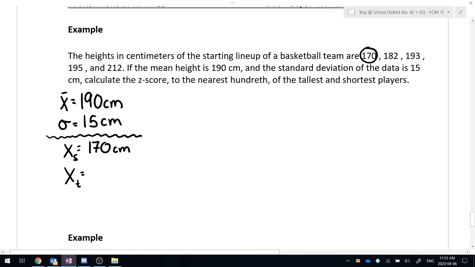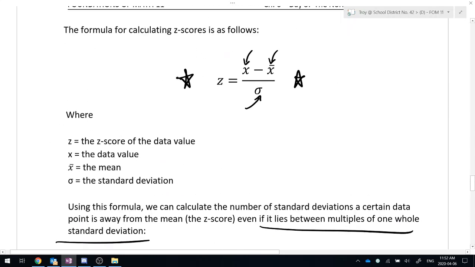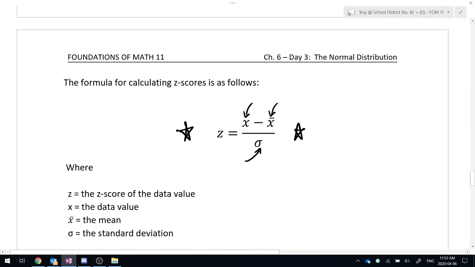The height of the tallest player is right here, 212, so that's x_T. What we're going to do is find the z-score for both of them. We'll do the z-score for the shortest player first. If you take a look at our formula, z is equal to x minus x bar divided by sigma.